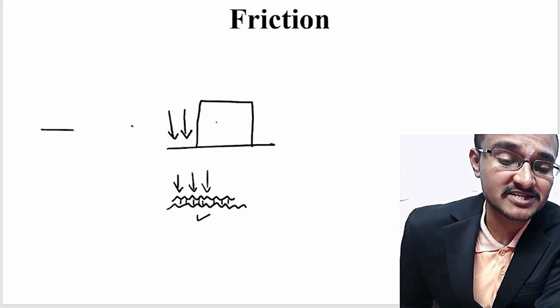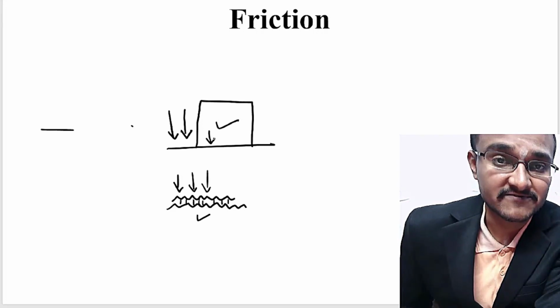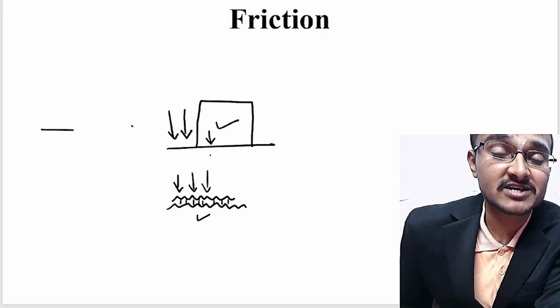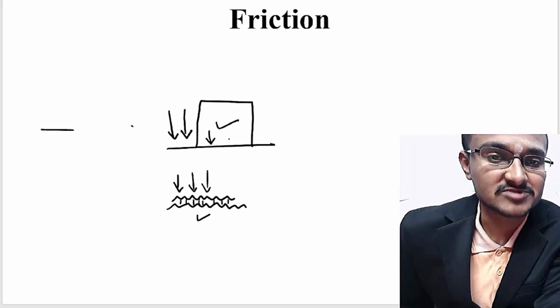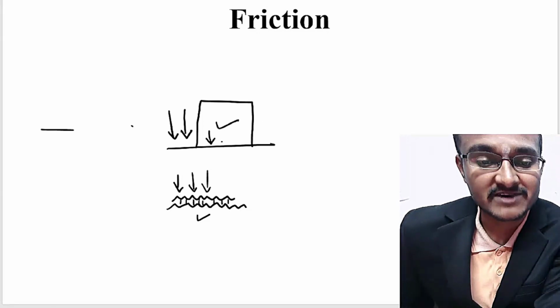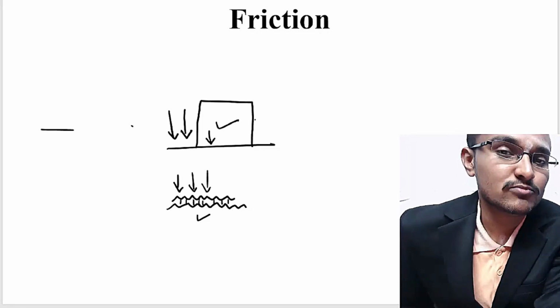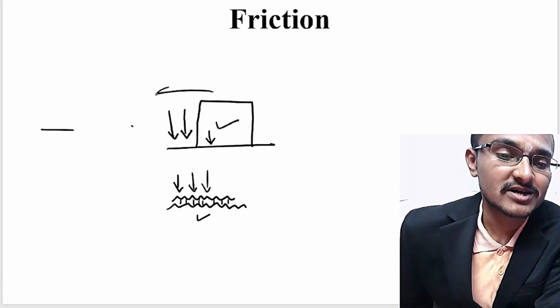Because the mass of this object is very high, it applies a lot of weight on the surface, and hence the frictional force becomes stronger. Hence at this point, friction becomes an evil for moving this object from this place to another place.